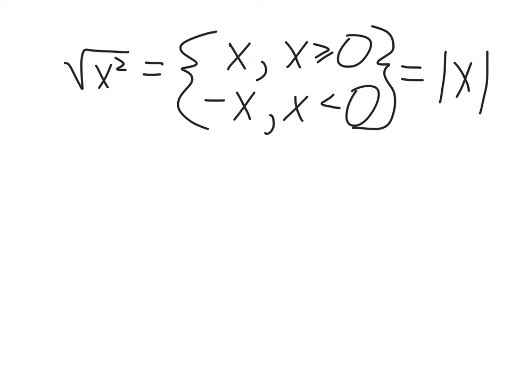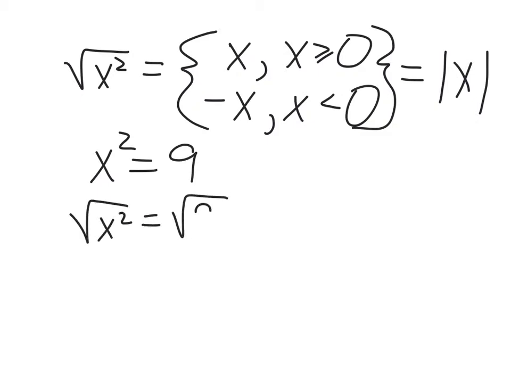So, when we solve this equation x squared equals 9, when we take the square root of both sides, square root of 9 is 3, but the square root of x squared we have to think of as the absolute value of x, which then opens up the possibility of both positive and negative 3 for the solution.